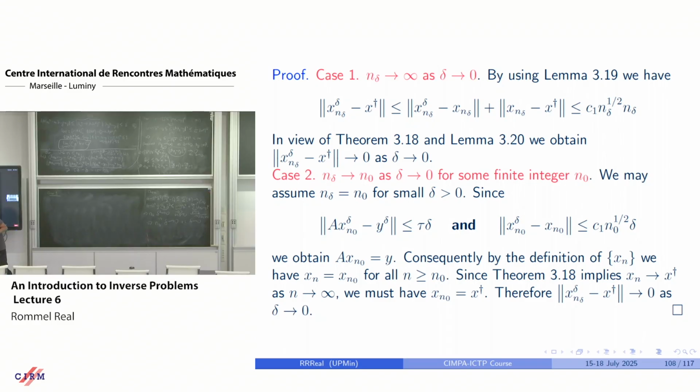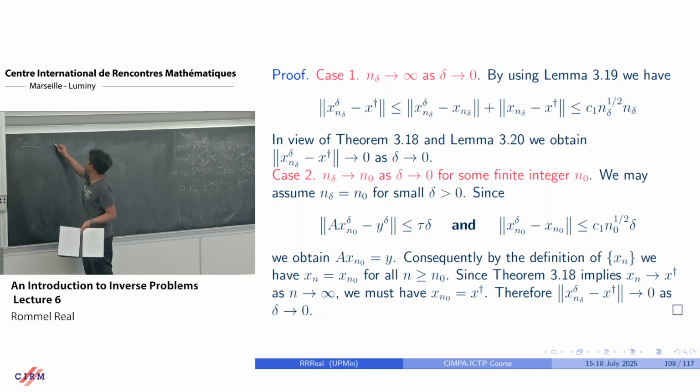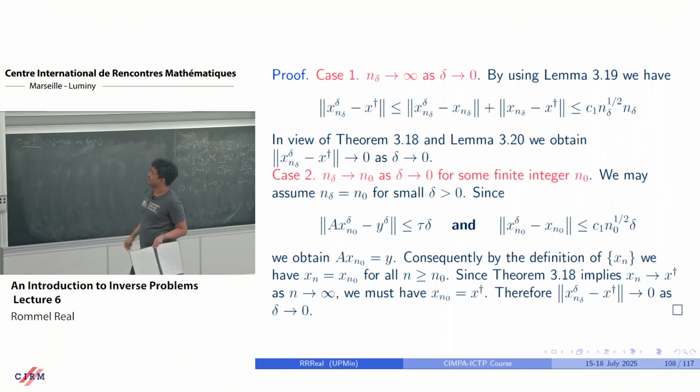Let me get a white one. Okay. So here, and then we use lemma 3.19 over there, which there's actually a typo over there. I will correct it later on.